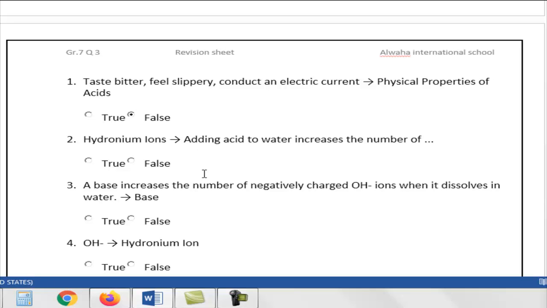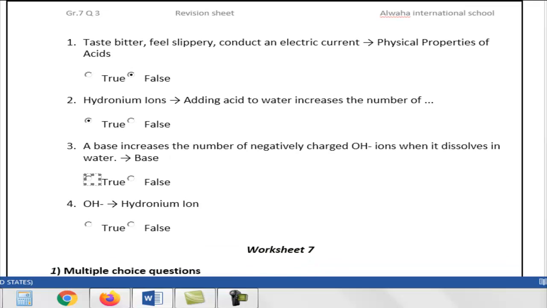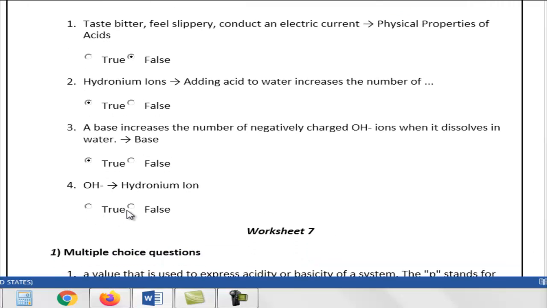Adding acid to water increases the number of hydronium ions? Yes. A base increases the number of negative charge hydroxide ions when it dissolves in water? Yes, number 3, true. Number 4, OH minus, hydronium ion or hydroxide ion? So it will be false.